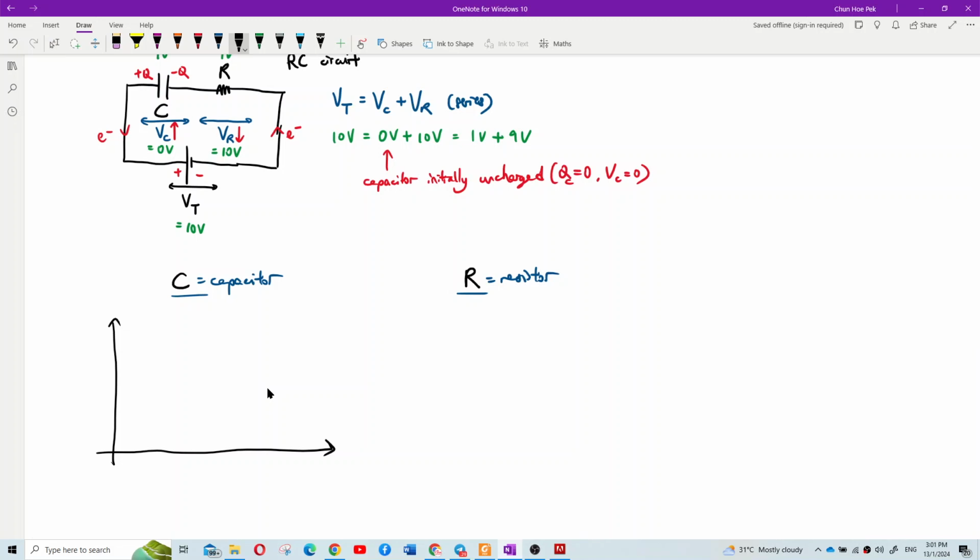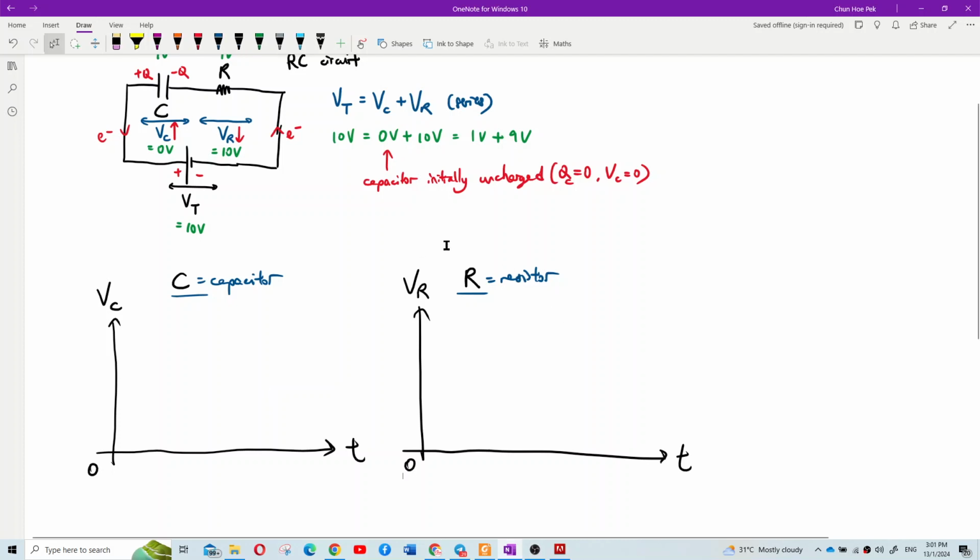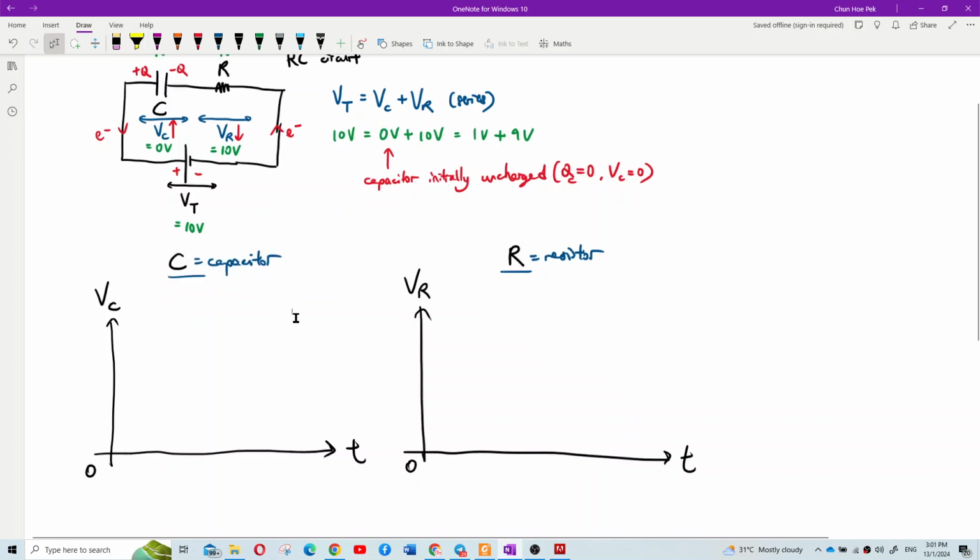So the voltage, just now talking about the voltage of the capacitor, and this is the voltage for the resistor. It's something like this, class. I need you to know this.